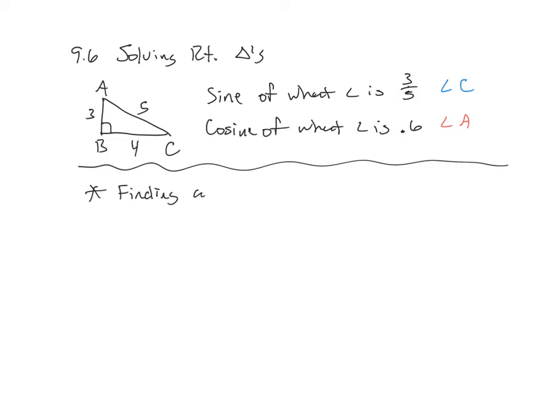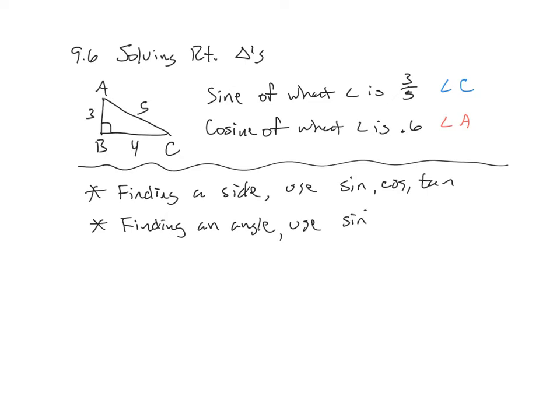If you're finding a side, use sine, cosine, or tangent, depending on the problem. If you are finding an angle, use, and it looks like this button on your calculator.